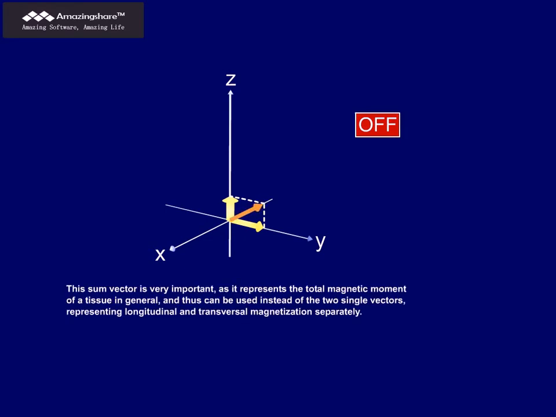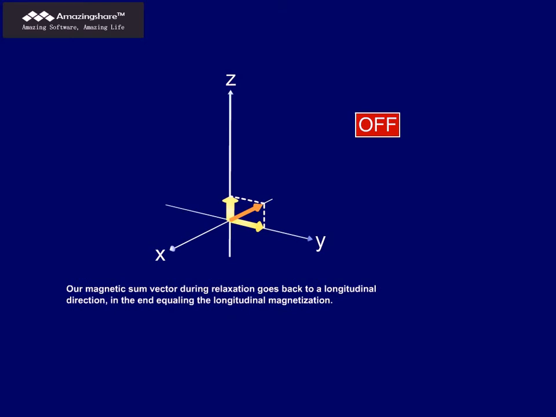This sum vector is very important, as it represents the total magnetic moment of a tissue in general, and thus can be used instead of the two single vectors, representing longitudinal and transversal magnetization separately. Our magnetic sum vector, during relaxation, goes back to a longitudinal direction, in the end equaling the longitudinal magnetization.